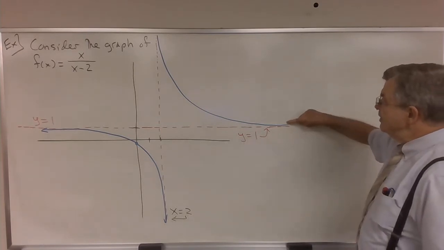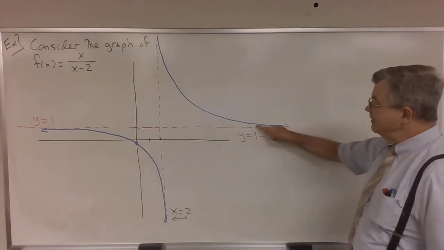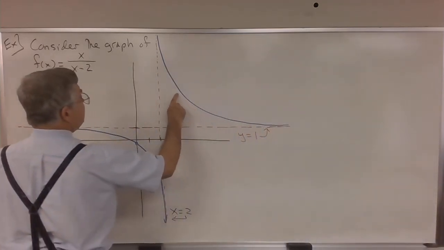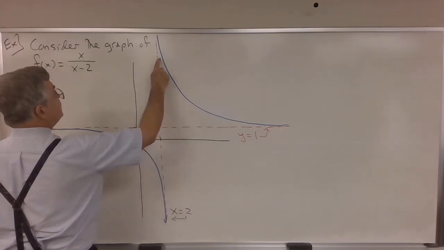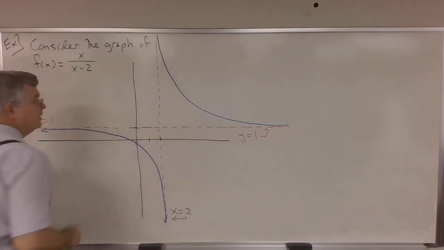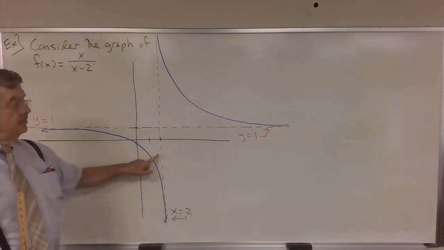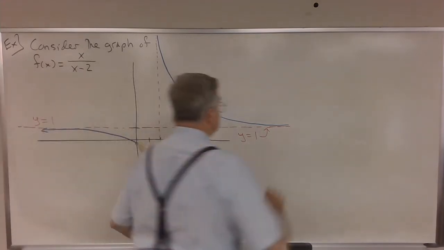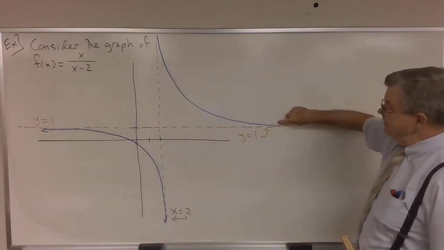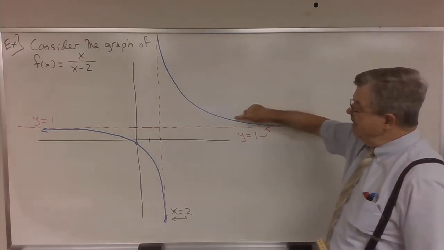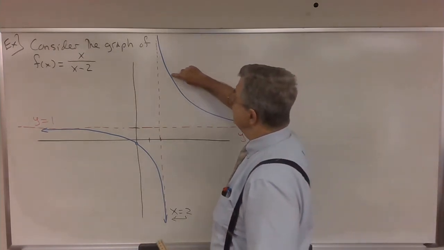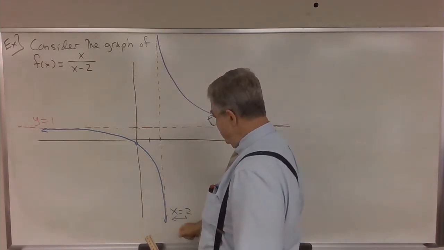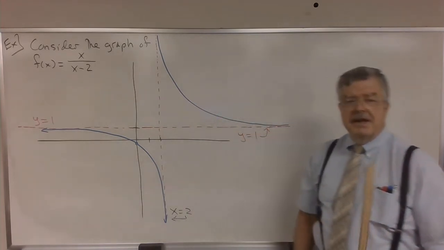Now notice something about this vertical line, x equals 2. If I move along the graph of f of x in this manner, notice that the graph gets closer and closer and closer to the line x equals 2. So as I move along the graph in this direction, the graph gets closer and closer to this vertical line. And you know what?